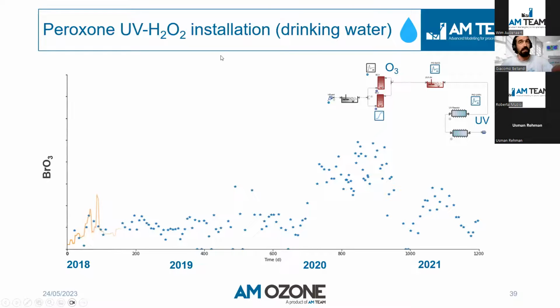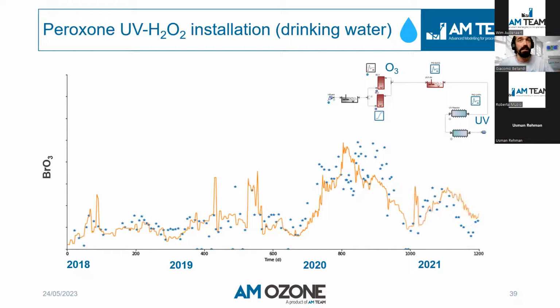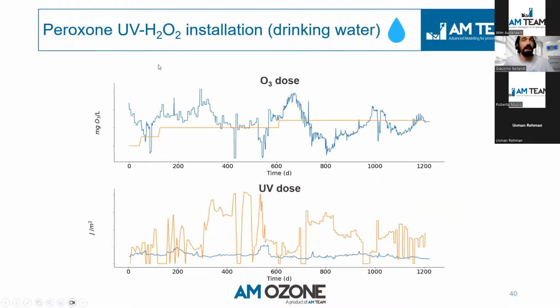Now, what you see in the graph below is measured data, and the yellow line is the simulated very long time series across years of experimenting with the installation. That's how the model performed against this data, thanks to the influent information, the influent dynamics, which we could use to run case scenarios or design controllers, just like in this case.